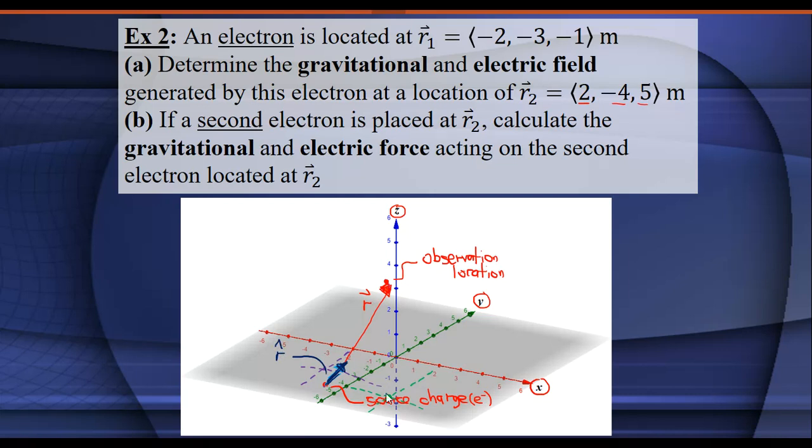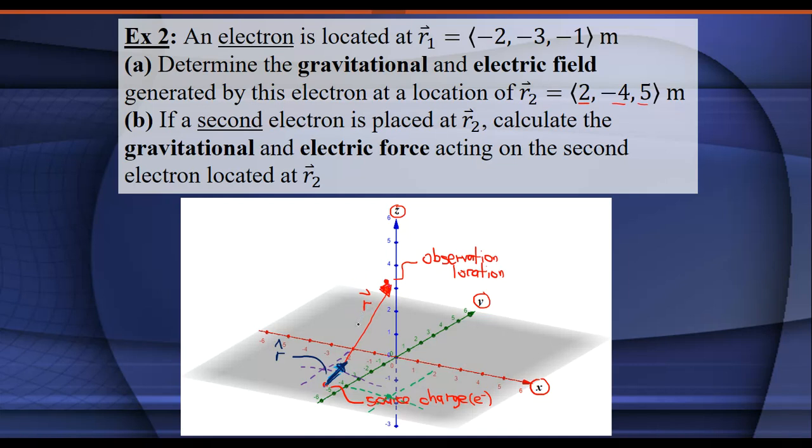Okay, all right, now we don't really need to worry too much about the diagram here, but I just wanted to show you what's going on. We have an electron at this position, and we want to figure out what the gravitational and electric field is at the observation location. The first thing we need to do is write the vector R in three-dimensional notation.